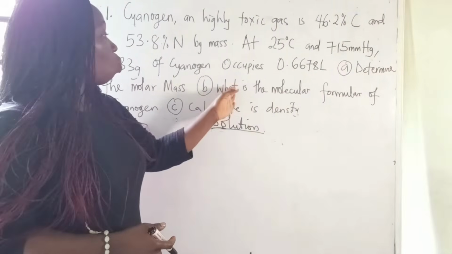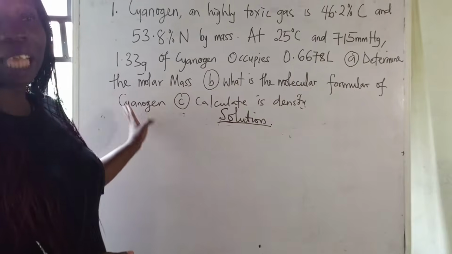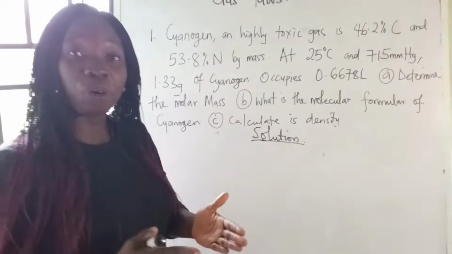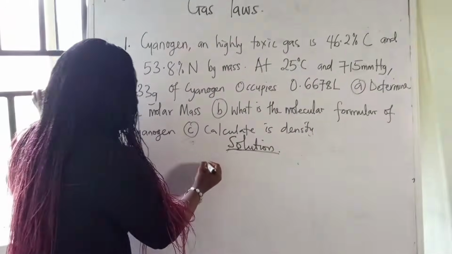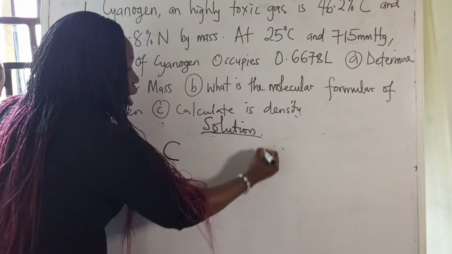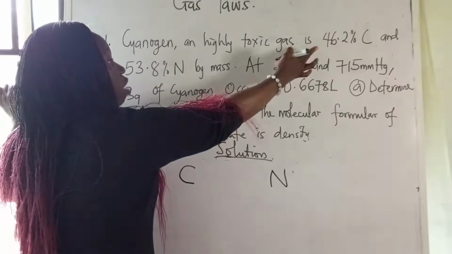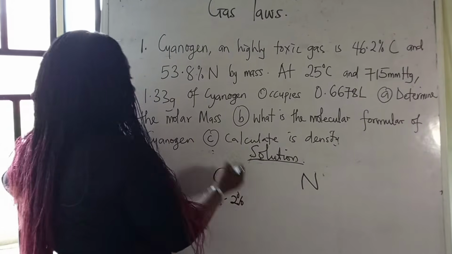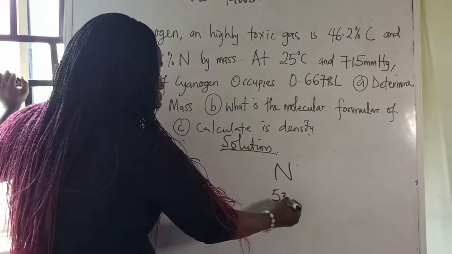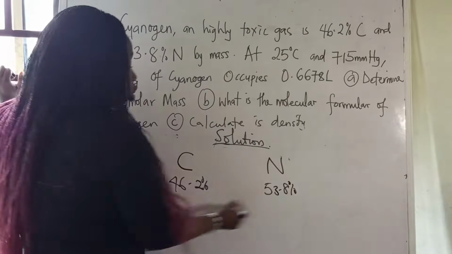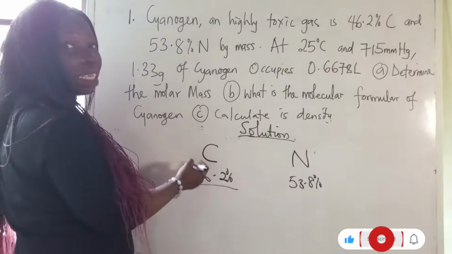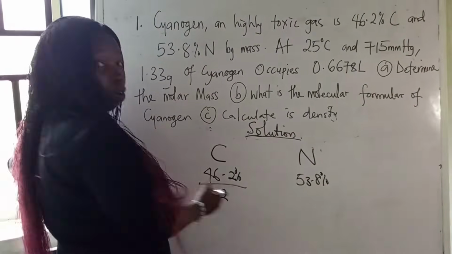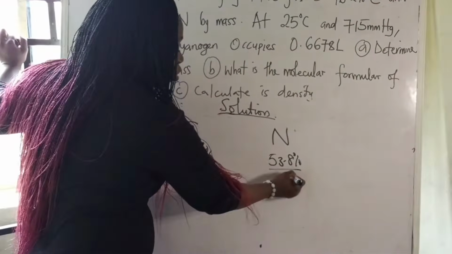Okay, so we have calculated the molar mass. Let's now calculate the molecular formula of cyanogen. We get the molecular formula through the empirical formula. So it means we bring down our carbon and our nitrogen. The percentage of carbon is 46.2% and that of nitrogen is 53.8%. So you divide the percentage by the relative atomic mass, which is 12 for carbon and 14 for nitrogen.